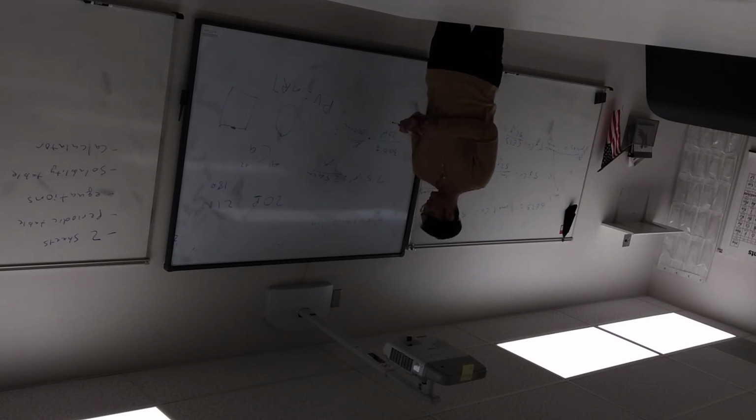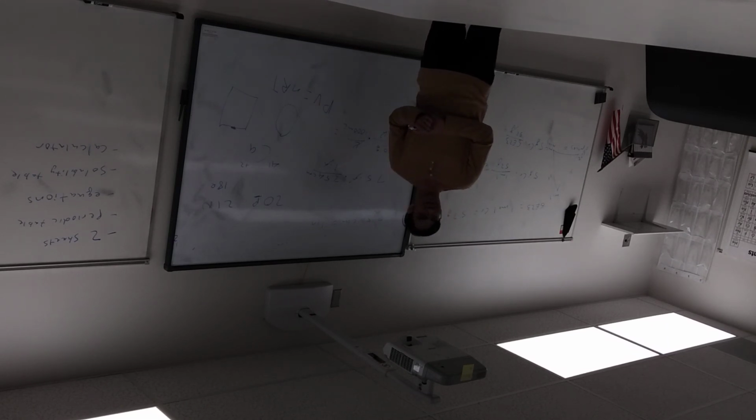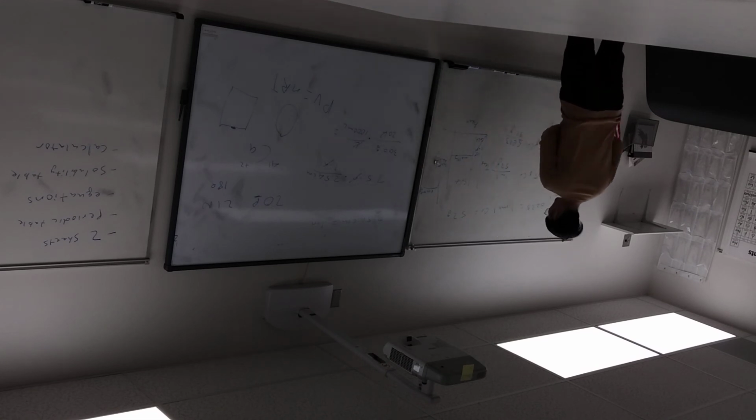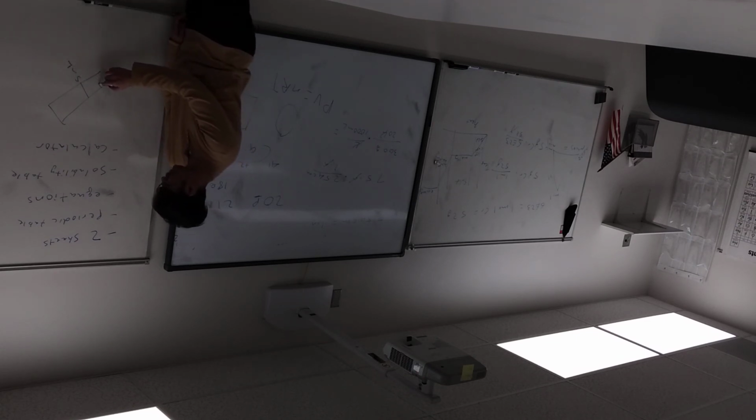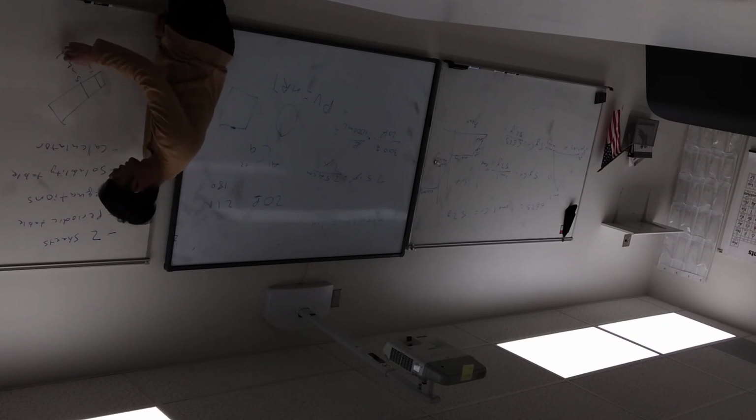So let's say you have a syringe and you go from 5 milliliters and you push it down to 1 milliliter, and the original pressure was 1 atm.